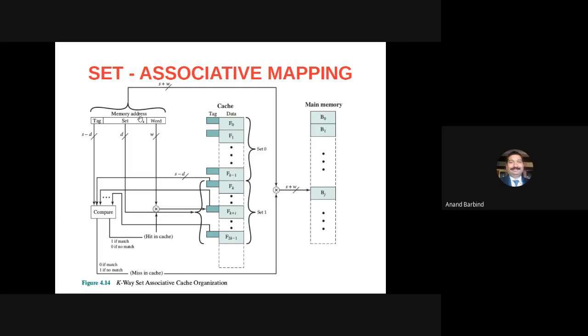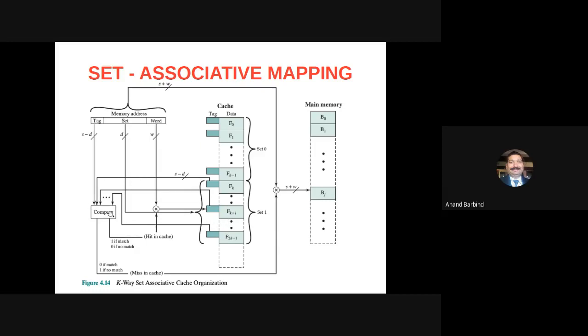If the block exists, it exists in that given set only, at this line, or this line, or any of the lines. So only the tags of that particular set are to be compared to find out whether the block is present in the cache or not.